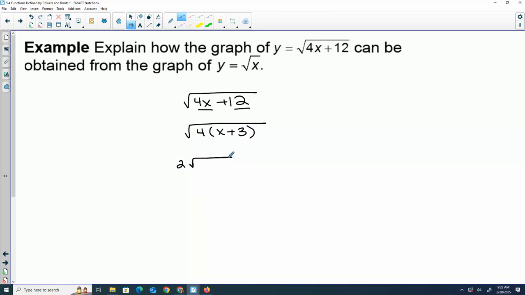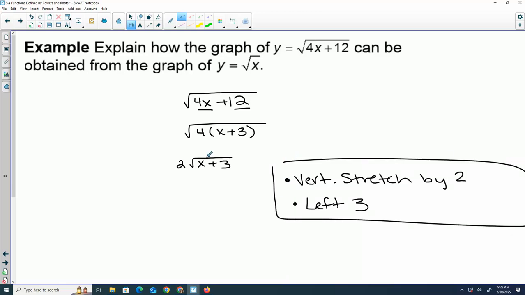So this turns into 2 square root of x plus 3. If we wanted to describe transformations, outside is a vertical stretch by 2, and what does the plus 3 do? Left 3. I'm asking about transformations, but I'm really more checking if you can simplify radicals. Can we figure out what we can factor out and reduce here?